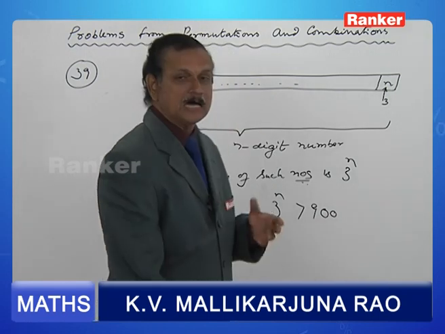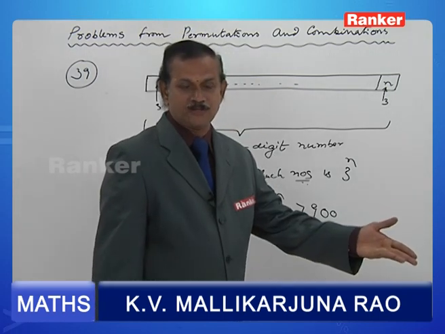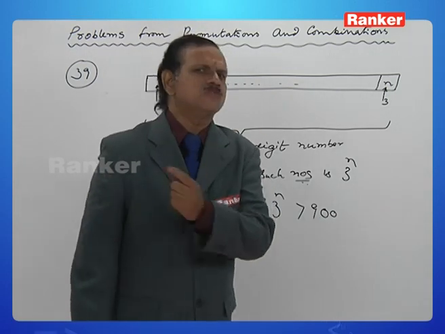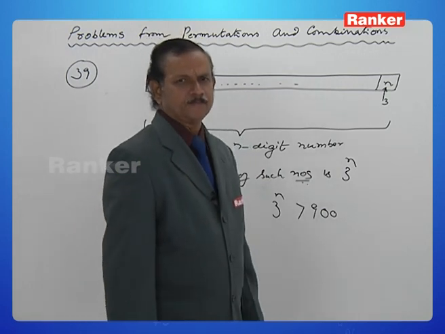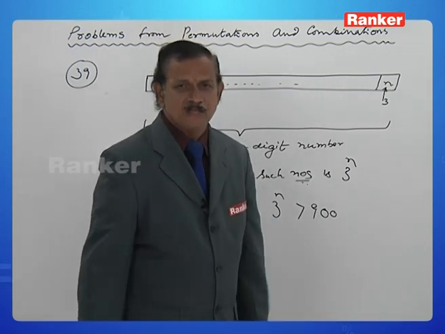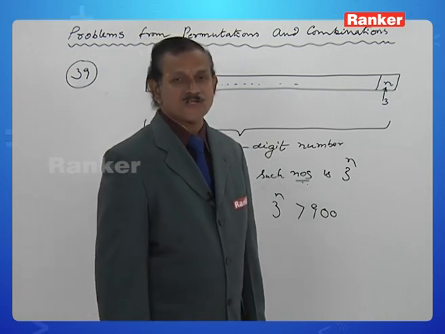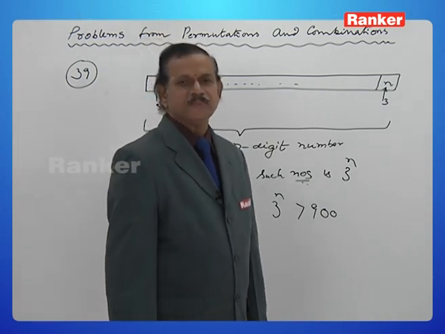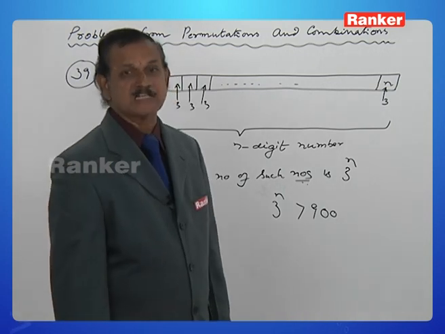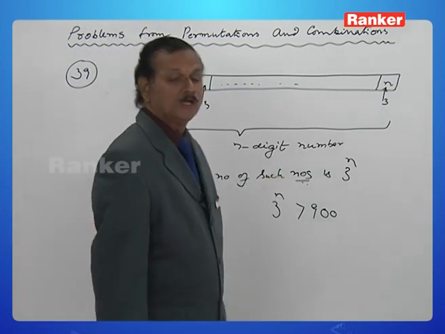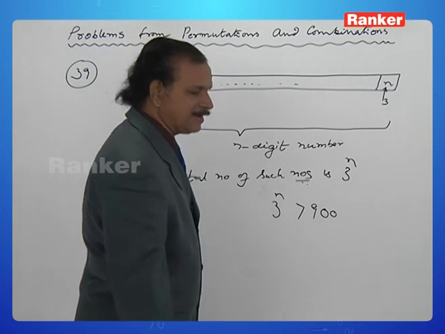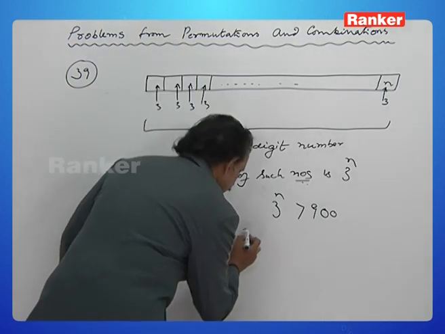Because 3 power 6 is 729 itself. It is not exceeding 900. But we have to cross 900, isn't it? Therefore, the minimum value of n for which this happens is 7. The least value of n is 7.